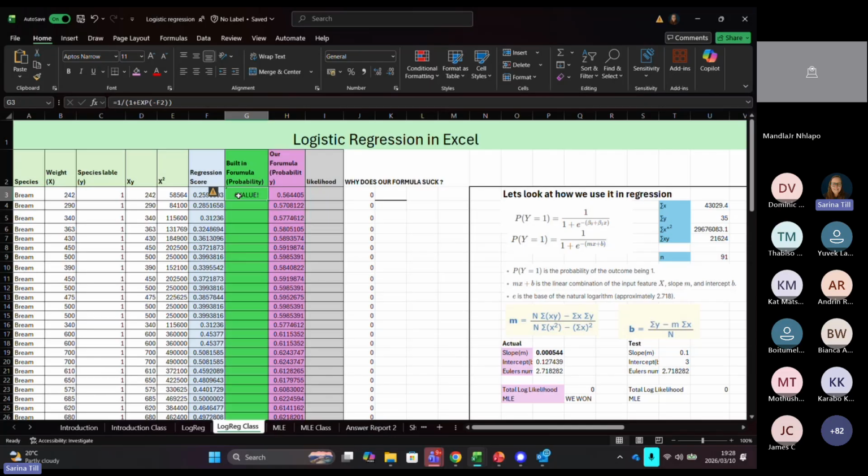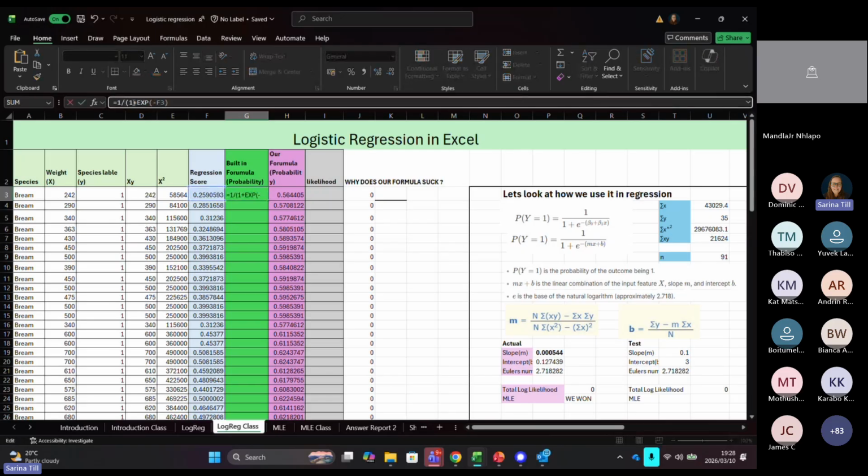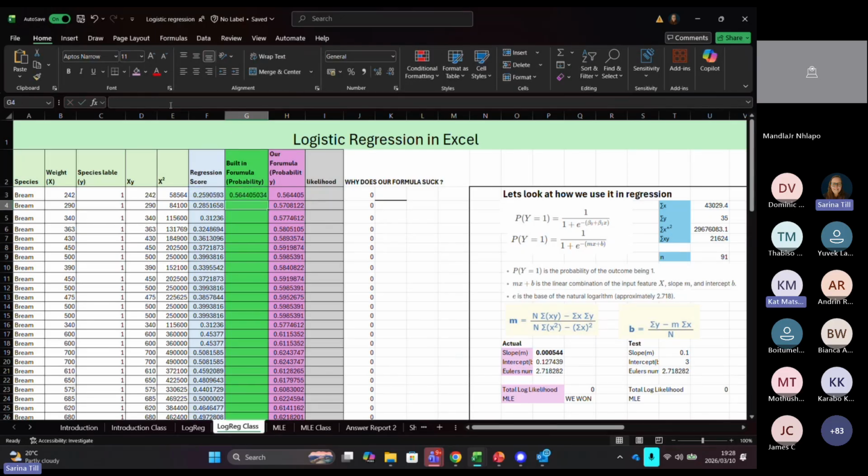Oh, what have I broken now? Why are you upset? So let's just do it the right way. We're going to say this equals 1 divided by 1 plus, and then it should be EXP, if I'm right, negative our regression score. Nope, I've stuffed that one up. This should be in brackets. Oh, is that power inside the EXP?